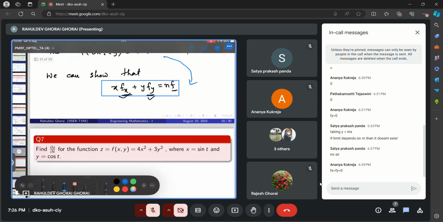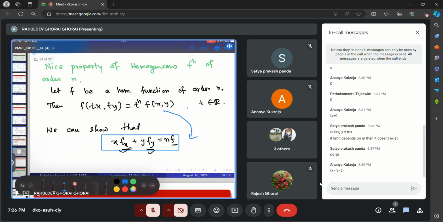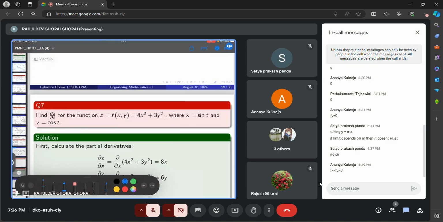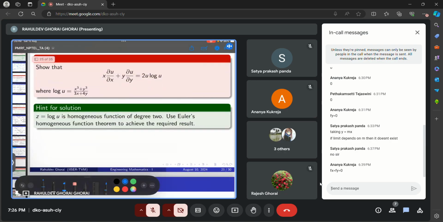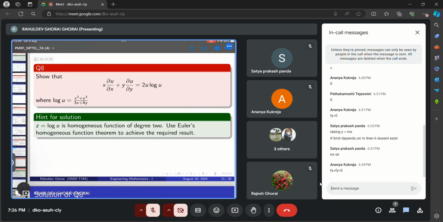We will use this property later in some questions. Before that, let's do it here itself. Suppose this question 8 is there.